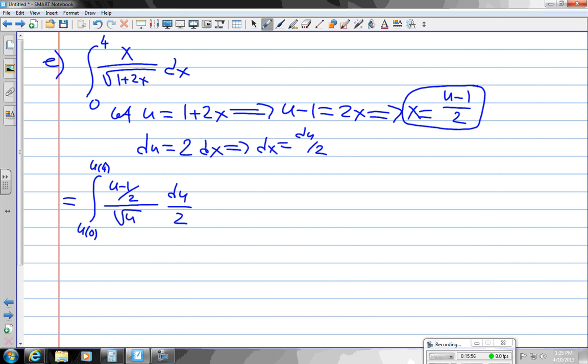Over 2 times over 2 is over 4, so 1/4 comes out. u of 0 equals 1. u of 4 equals 9. I can just do that so I don't have to go back to x. And then everything that I have is u minus 1 over square root of u du.